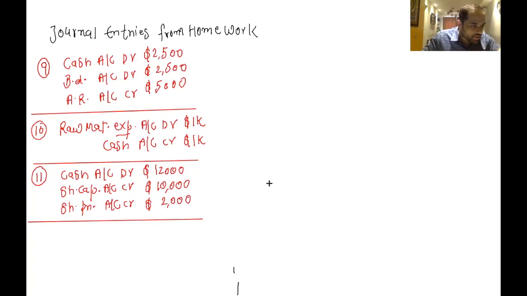So number 12 is 25% of 2,500 bad debts, which is from number 9, are recovered. 25% of 2,500. So it means we had 50% bad debts, right? 50% bad debts were 2,500.